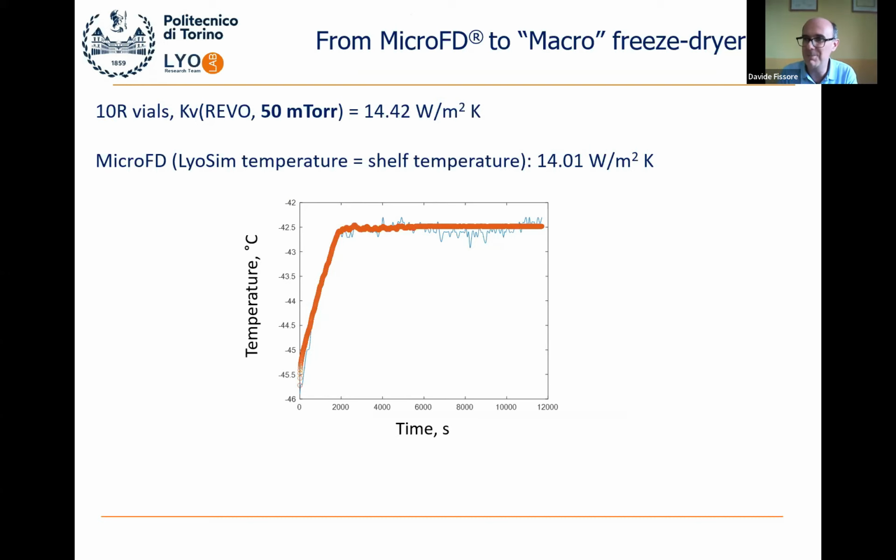I'm not giving you details about that because they are not so easy, but anyway, it's a software, a black box, okay? And I look for the value of KV that provides the best agreement between calculated and measured values of temperature. The agreement is shown in this graph. The value of KV I obtain is very close to the value obtained in vivo.